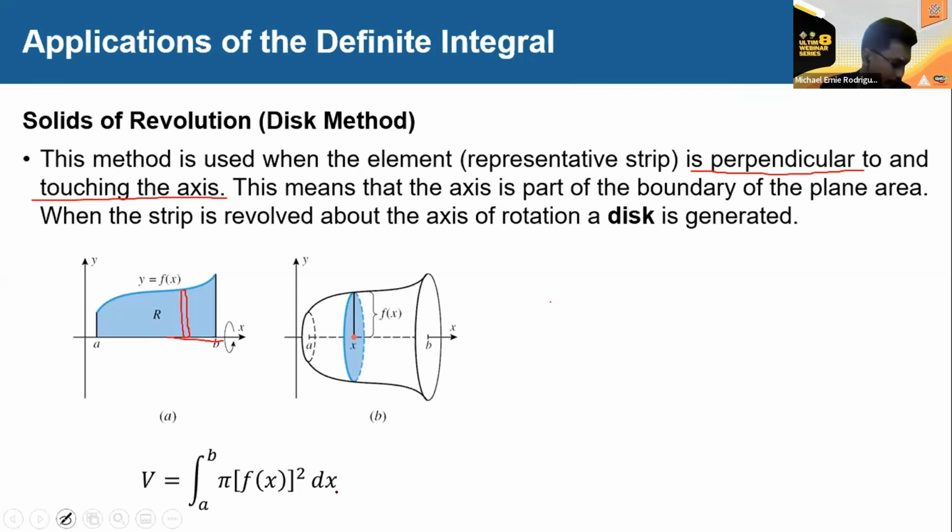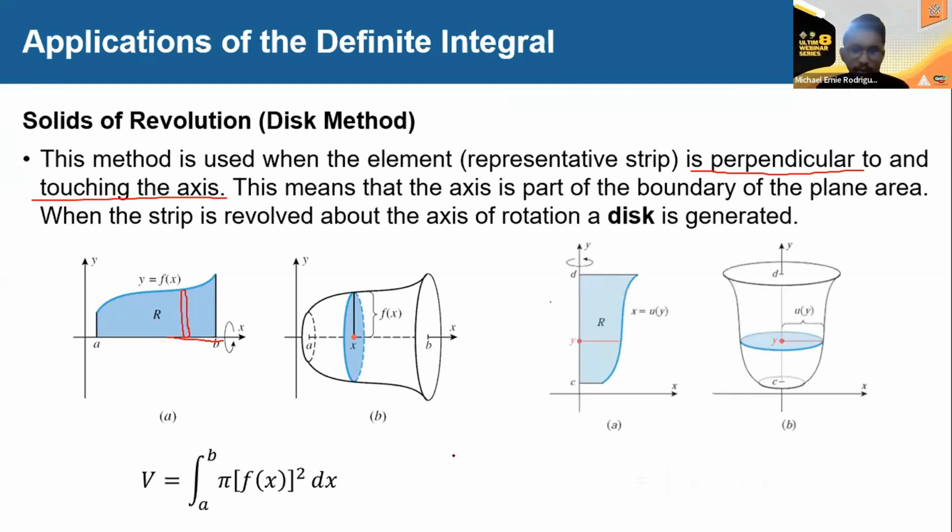For this one, we revolve about the y-axis. We have the curve x equal to u of y, and we have a horizontal strip here.